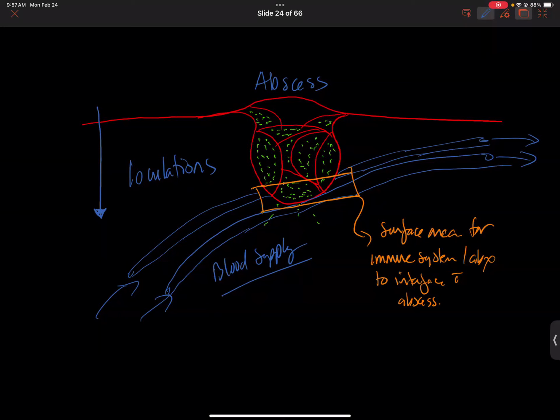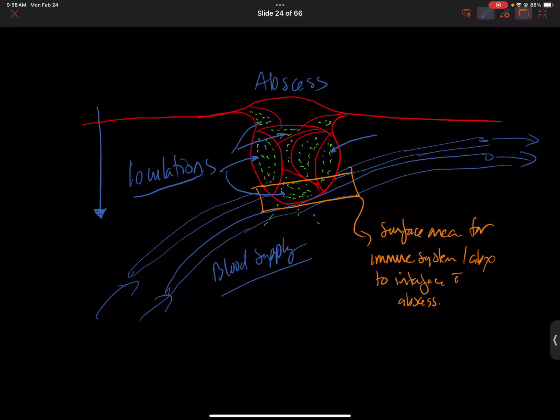Rather, what the abscess is composed of are these little pockets, called loculations. A loculation is shown here, representing a pocket. And here's another pocket, there's a pocket, and so on. You get these membranes that form in the context of the abscess, and each membrane-enclosed area represents a loculated portion of the abscess.